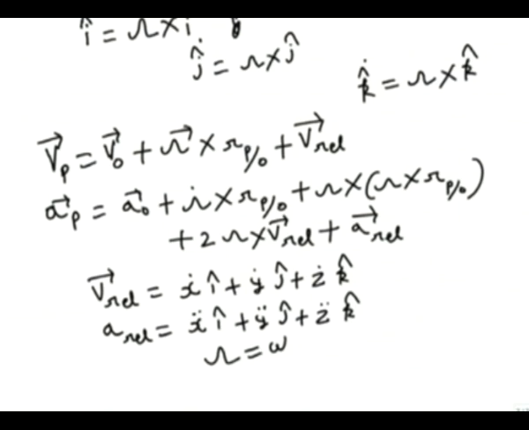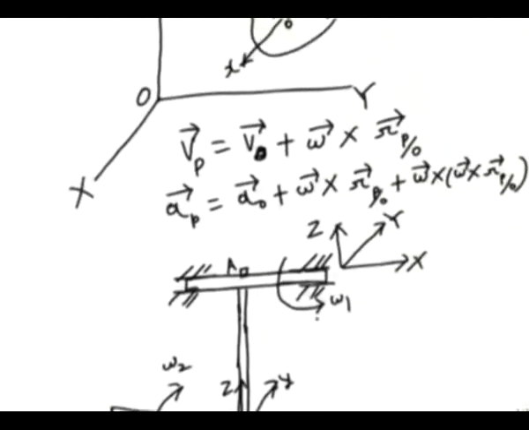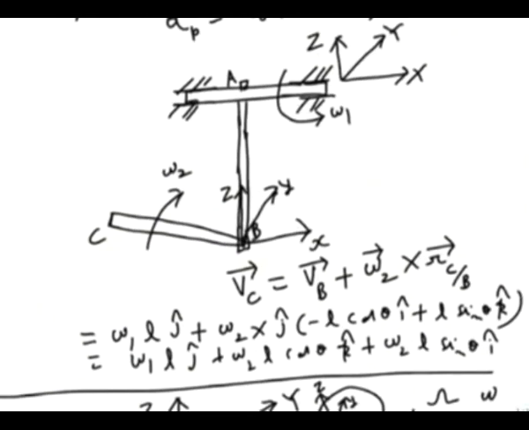Now we solve the same problem which we just solved. We will go back to that previous slide, where we have solved this problem. This time we attach the axis system to link 1 itself, that means it rotates with link 1.